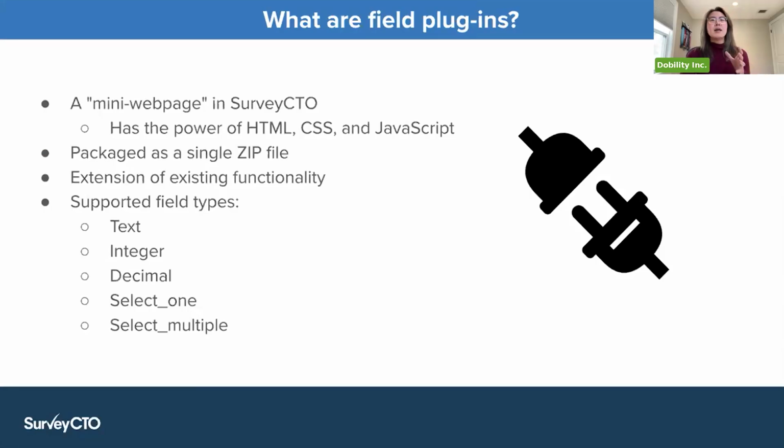So, for example, a plugin on a number field still saves a number. Your data then stays clean and exportable, and your other tools like Stata or Power BI don't even know a plugin was involved. And today, plugins are supported on text, integer, decimal fields, to name a few.